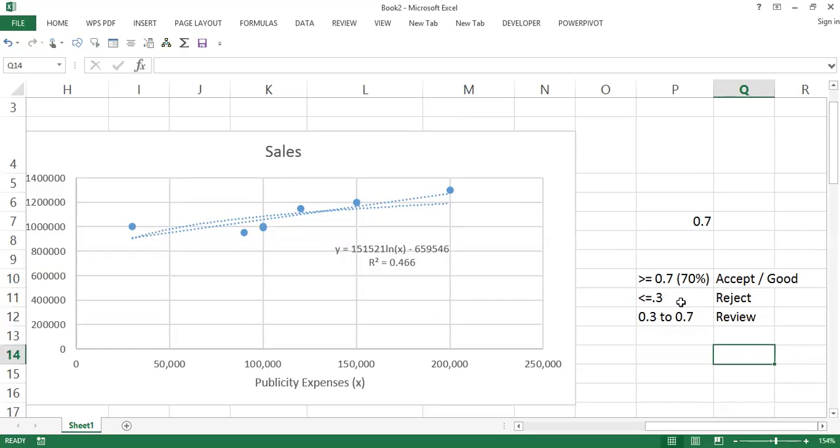In other words, if you don't want to reject it, you check your data again and all that, and those responsible for making the decision will decide whether to reject it or not. So this is like fair. But what is really excellent is 70% and above.